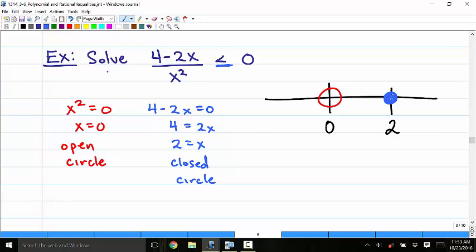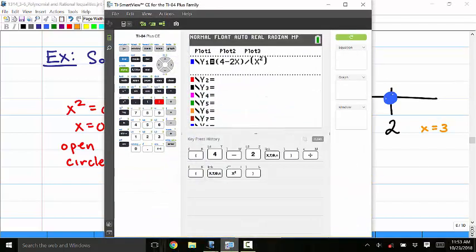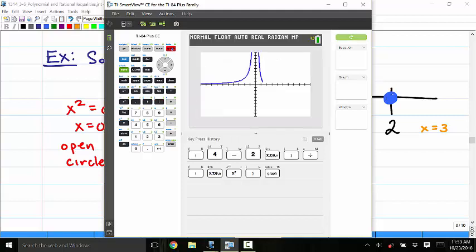Now go pick values in each of the intervals. What are you going to pick? Negative 1, 1, and 3. Go to your calculator. Put it into your y equals. Make sure you put parentheses around your numerator, parentheses around your denominator. Hit graph. What was the first value? Negative 1.